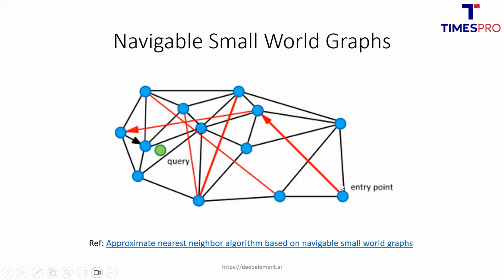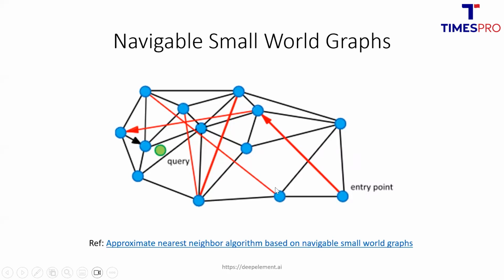So there will be an entry point in the graph. There will be one node which acts like an entry point. And when we get a query vector, we start from the entry point. We see what are all the vectors which are in the neighborhood of this. I mean, we see all the edges of this point. Which edge is closest to the query point? We traverse in that direction.